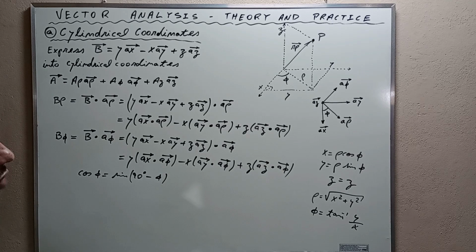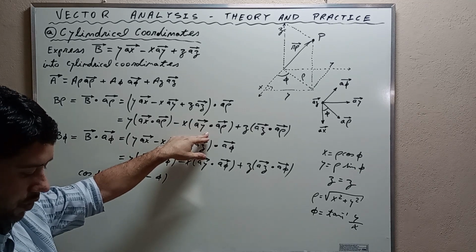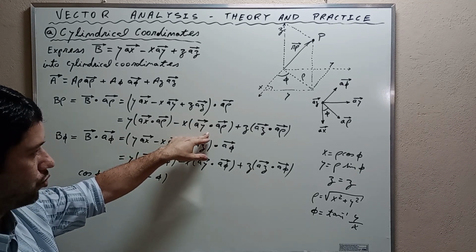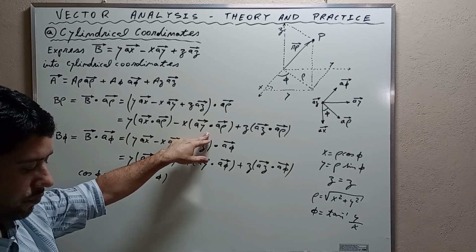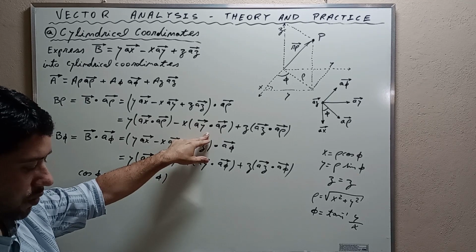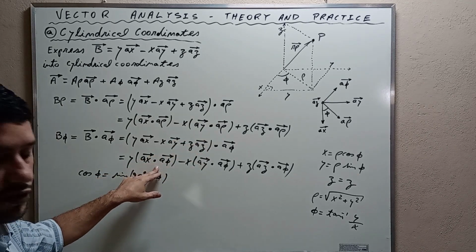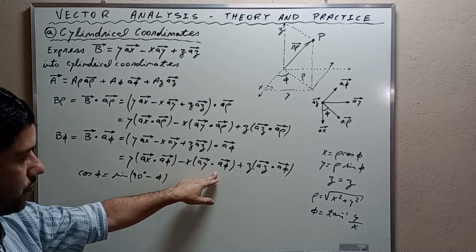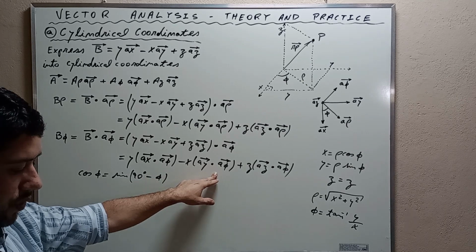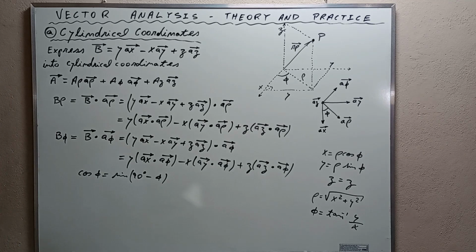A rho, ay with a rho is equal to the sine of phi, a phi with ax is the negative of sine of phi, and a phi with ay is the cosine of phi.